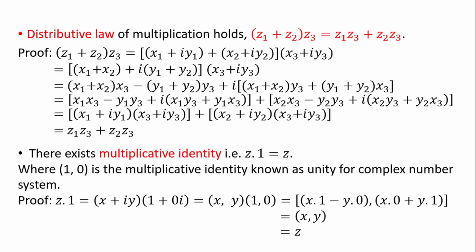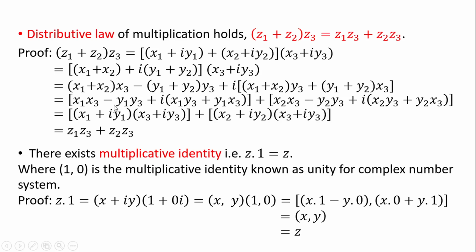Here again we have sorted out the terms because we have to prove Z1 Z3 and Z2 Z3, those are separated. So we sort out in this way: x1 x3 minus y1 y3 plus i in bracket x1 y3 plus y1 x3, and in the next term x2 x3 minus y2 y3 plus i in bracket x2 y3 plus y2 x3.